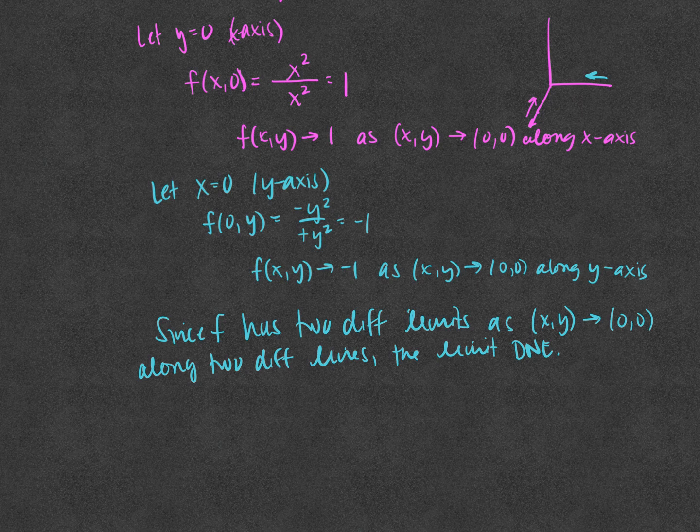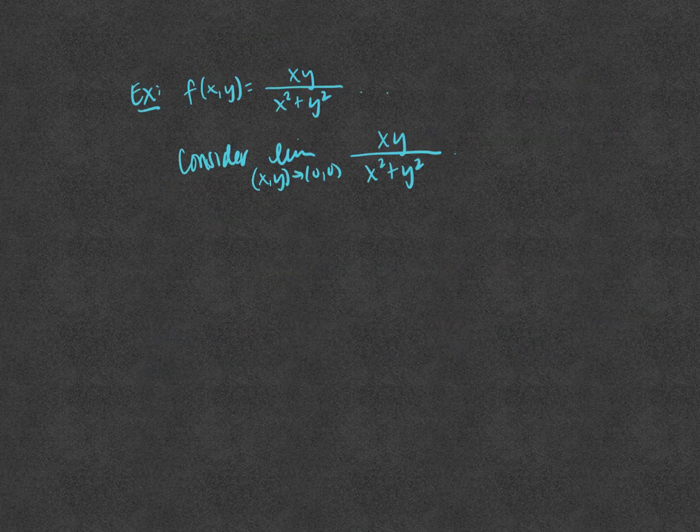It's all good. In this example, f of (x, y) equals xy over x squared plus y squared. We're supposed to show that this limit does not exist. So let's talk about the easy way to do it that we did last time. Let's let y equal 0. So we're going to travel along the x-axis.